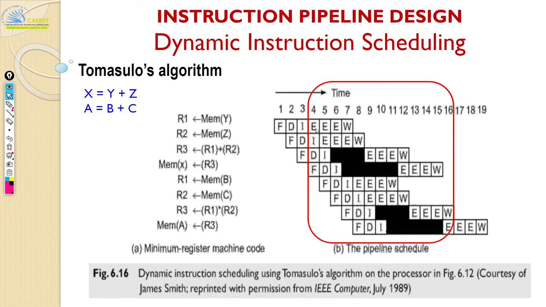Remember, we only take the time where the pipeline is full: from the time the first instruction started executing to the time the last instruction started executing. If you calculate the time, it's going to be around 13 clock cycles.